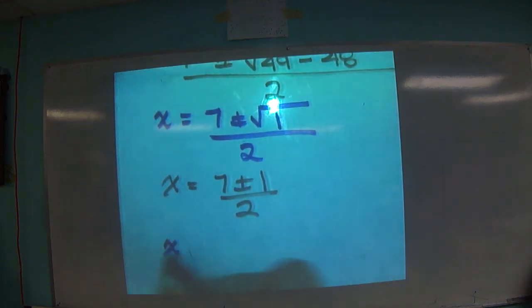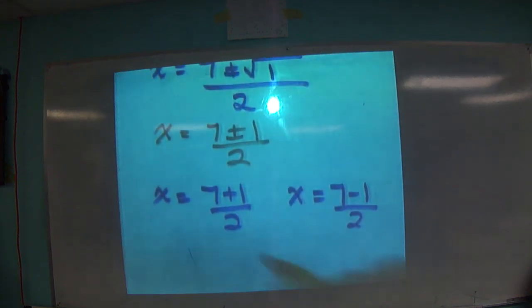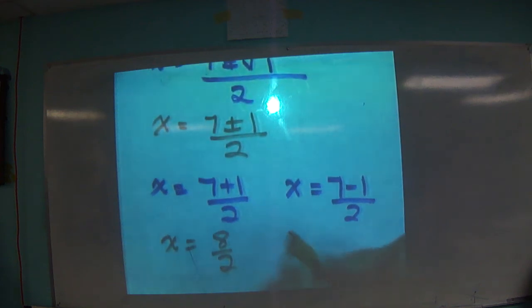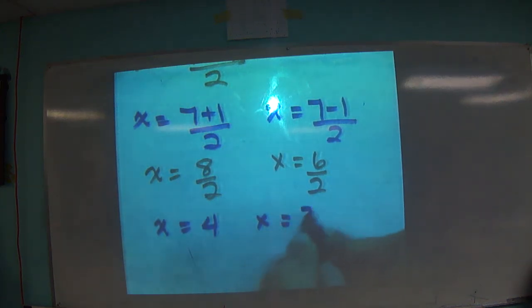So x equals 7 plus 1 over 2, or x equals 7 minus 1 over 2. x equals 8 over 2. x equals 6 over 2. x equals 4. x equals 3.